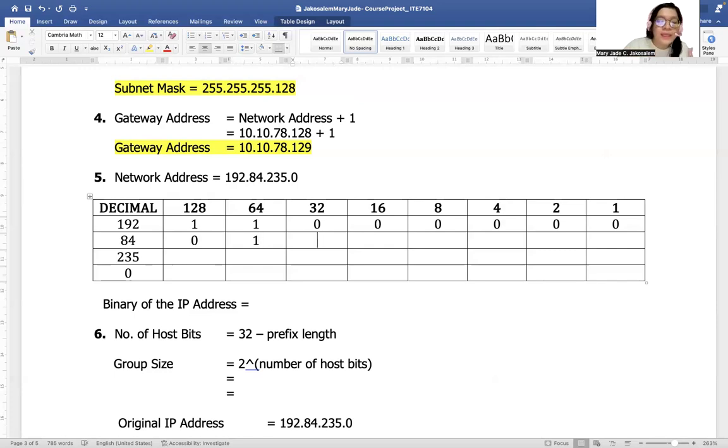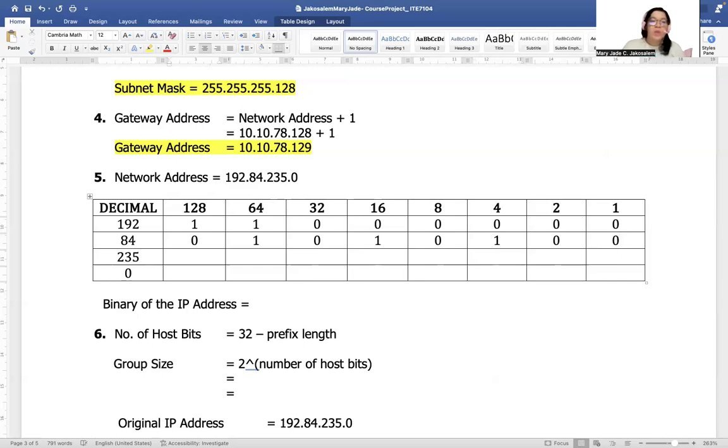So, 20 is less than 32, so it's a 0 here. But 20 is greater than 16, so the value here is 1. Then 20 minus 16 is equal to 4. So 4 is less than 8, so another 0. Next, 4 is equal to 4, so it's 1. Then 4 minus 4 is equal to 0. So the rest here will be 0.